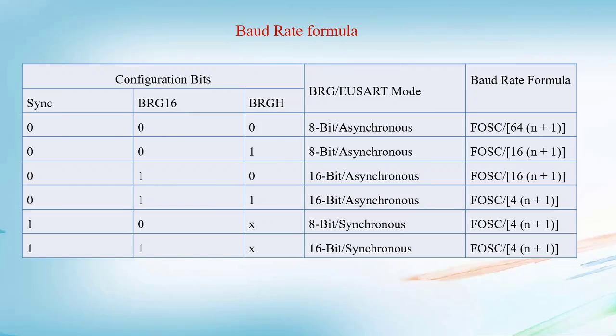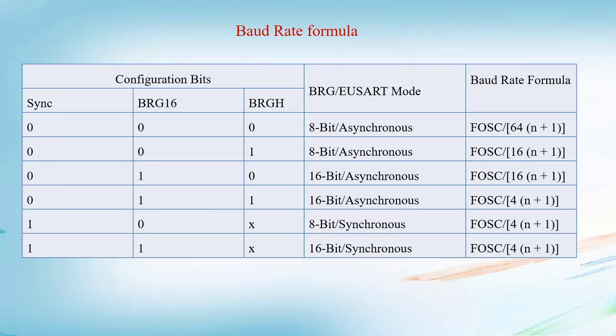Next, the baud rate formula. The table shows the formulas to generate a baud rate. Here, when SYNC equals 0, BRG16 equals 0 and BRGH equals 0, then 8-bit asynchronous mode is selected.